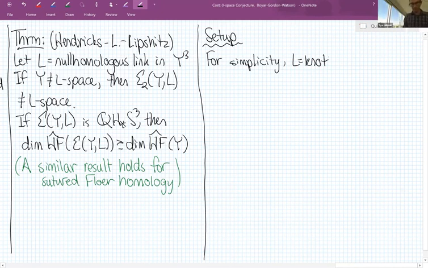If it's a link, you basically just work with some modifications, some connected sums with S2 times S1, but it's just some technical point. So we'll say that L is a knot, and we have that sigma 2 of Y, L to Y is some branched double cover.